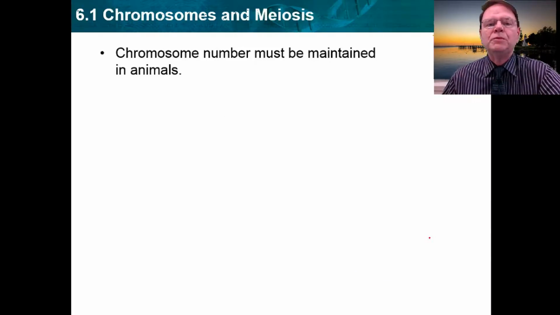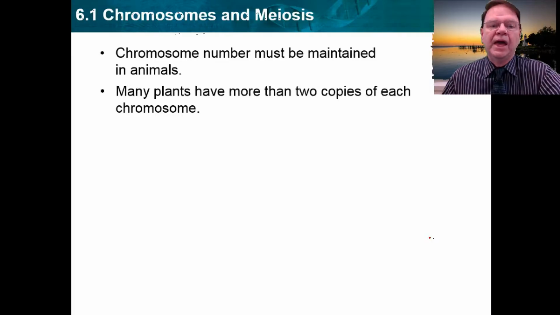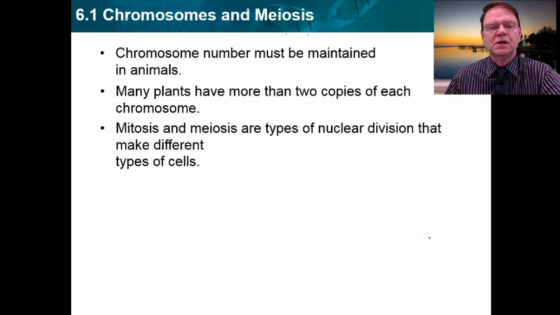Chromosome number must be maintained in animals. Humans, for example, always have 46 chromosomes. And plants can have more than 2 copies of each chromosome, particularly, for example, asters, which can number chromosomes into the hundreds. Mitosis and meiosis are types of nuclear division in different types of cells.